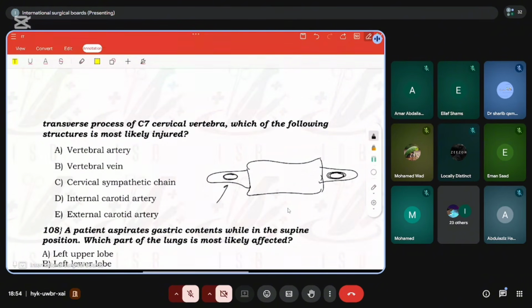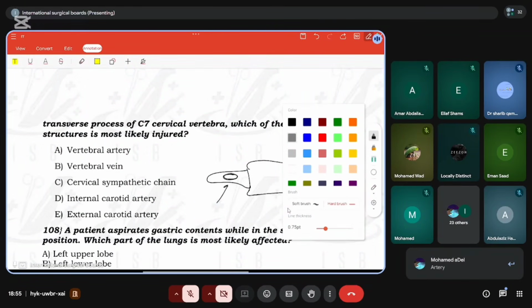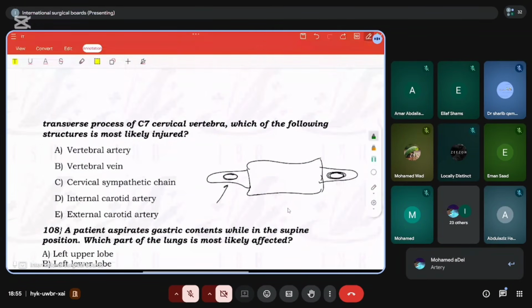Through this foramen in the transverse process, what passes inside? Okay, we know vertebral artery doesn't pass there, right? The vertebral artery does not pass there because vertebral artery enters from C6 and above.